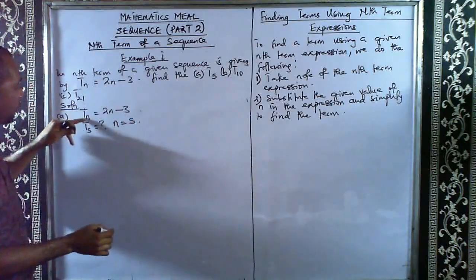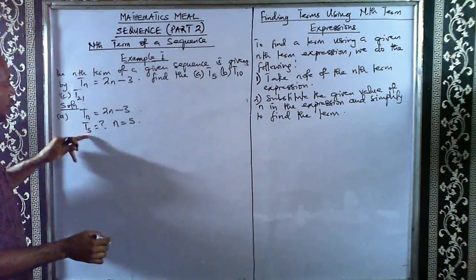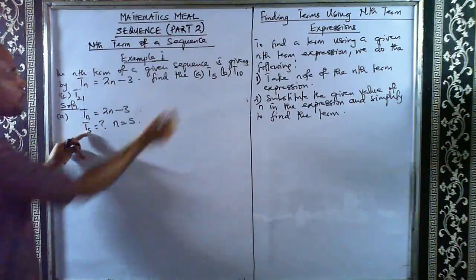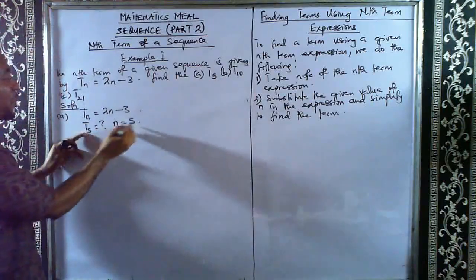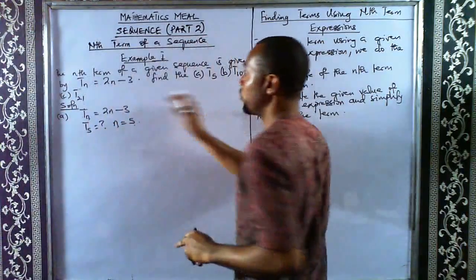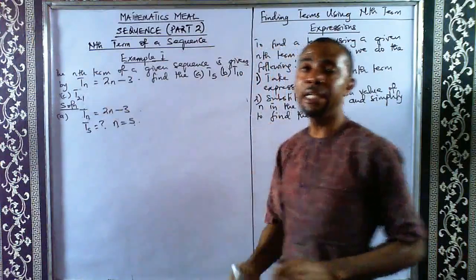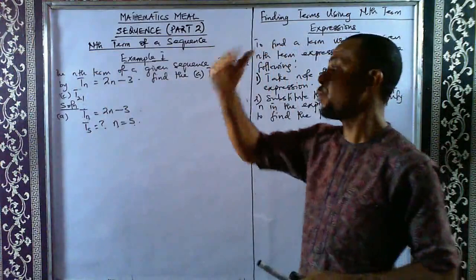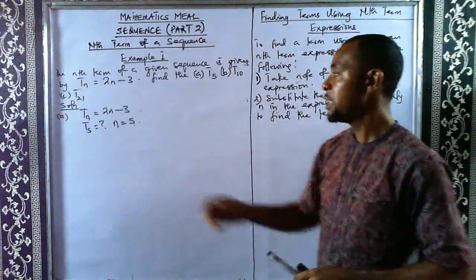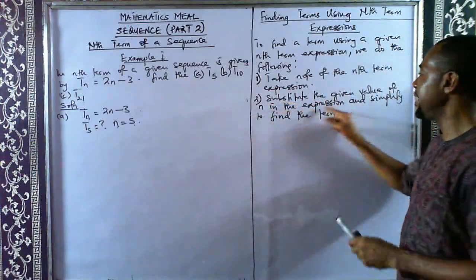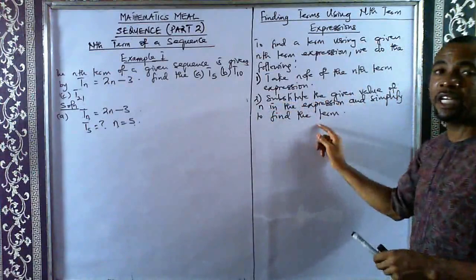Because I have T sub n and here I have T sub 5. So if T sub n is this, then they ask us to find T sub 5. That means when n is equal to 5, what will be the term? So which term will occupy the 5th position? So it means substitute the given value of n in the expression and simplify to find the term.